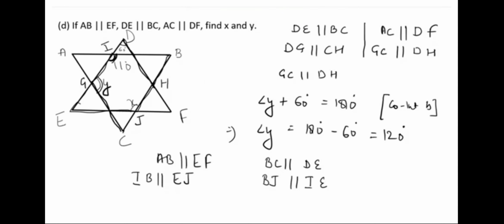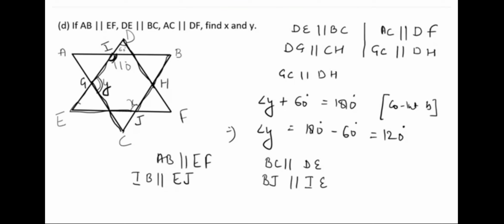Next, this is part D. Students, we need to focus the figure properly and carefully. If AB parallel EF, look the figure, only we focus AB parallel EF, then DE parallel BC and AC parallel DF, we have to find X and Y. Here students, it is given DE parallel BC, so we can say DG parallel CH.